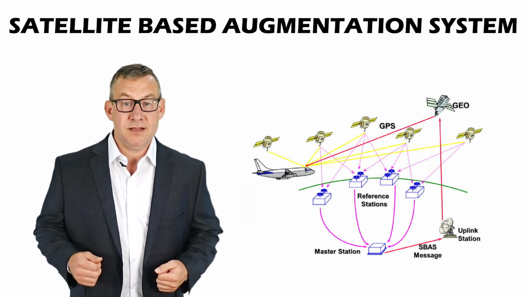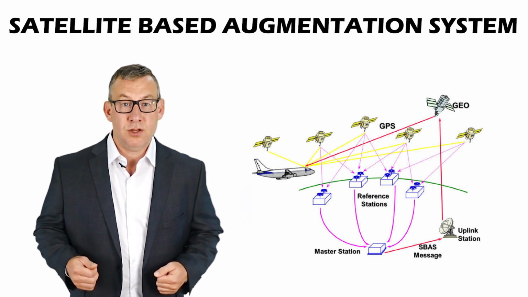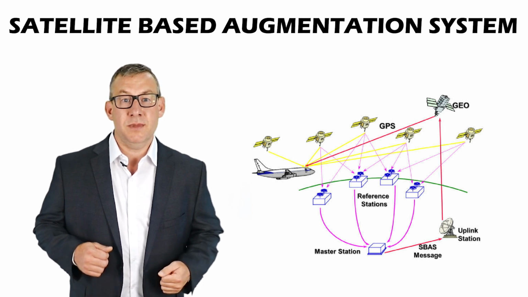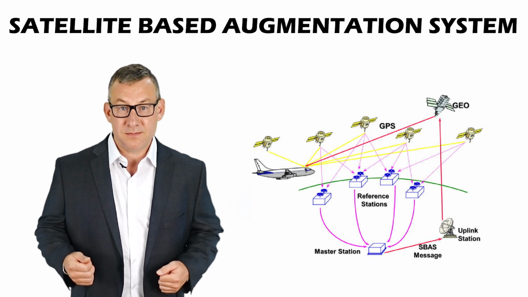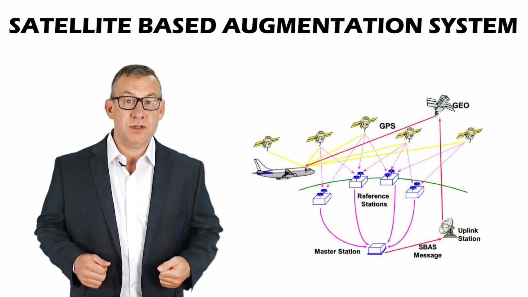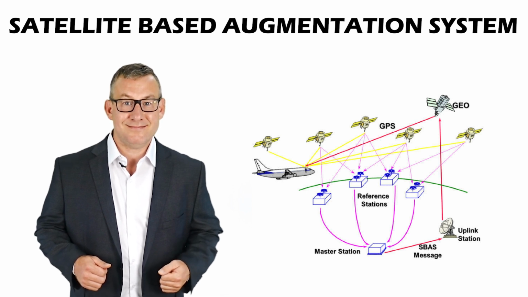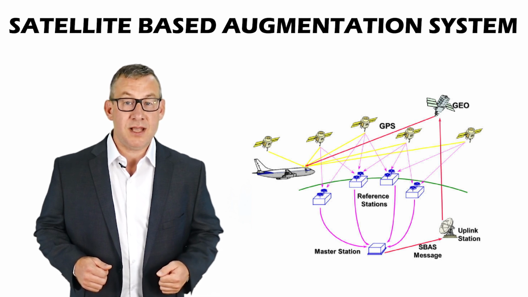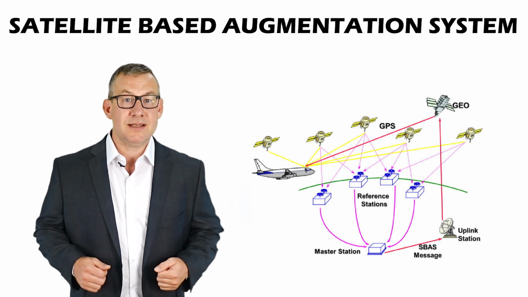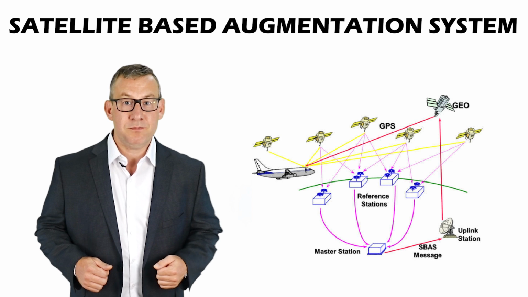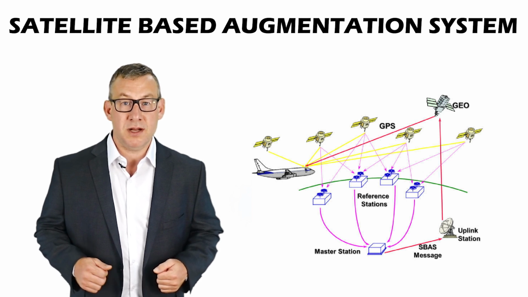Corrective information is sent from reference stations to master stations to Wide Area Augmentation System satellites to Wide Area Augmentation System enabled GPS receivers. The Wide Area Augmentation System specifications require at least 7.6 meter accuracy 95% of the time, although accuracies are usually much better than a meter.